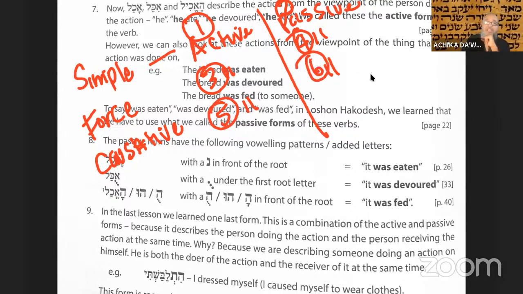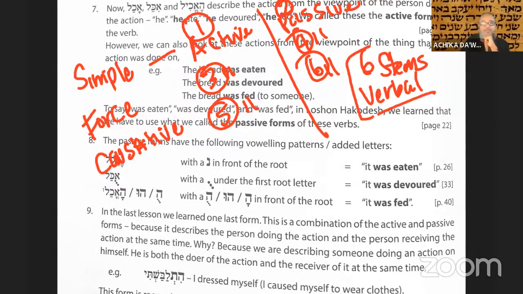So right there, what they have introduced to us are 6 what they would call stems, or verbal stems. The way that something can actually be done. There's 6 different verbal stems that we have been introduced to so far.